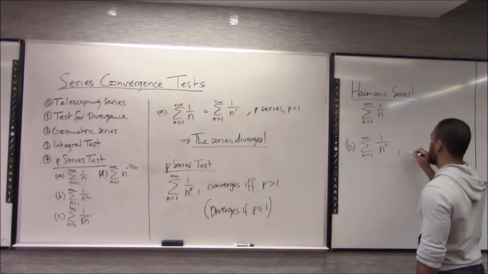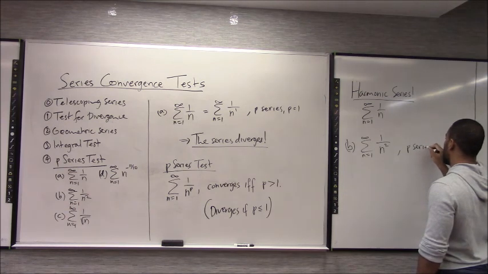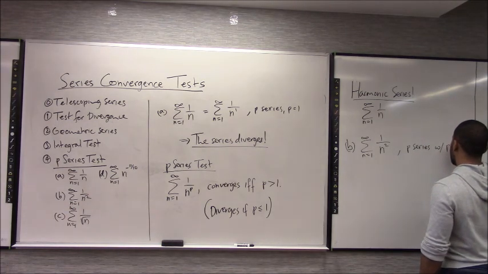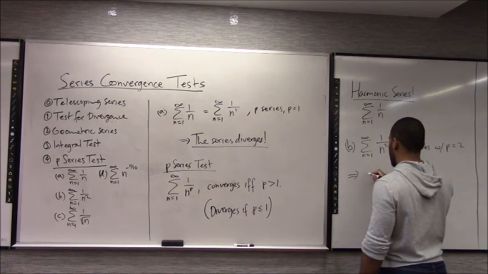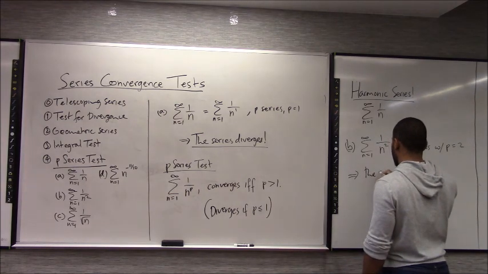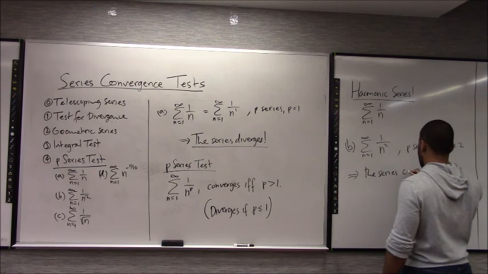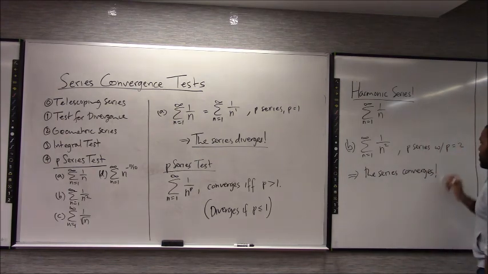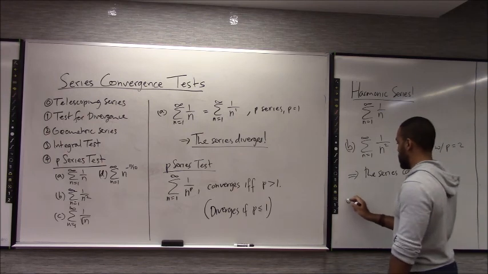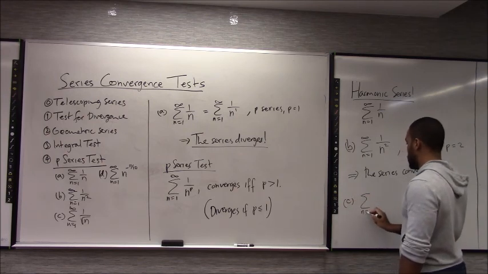In B, you could say here it's a P-series with P equals 2. Nothing else to say here. This means the series converges. That's all there is to it. What about C?